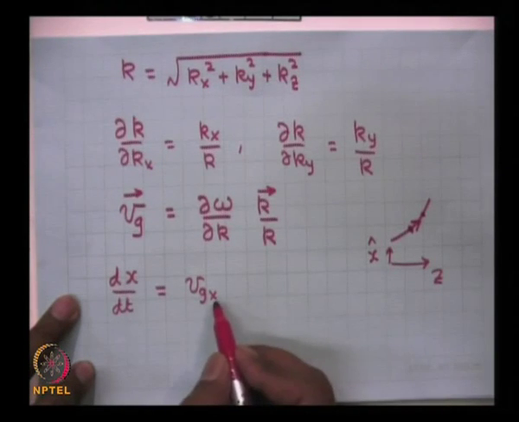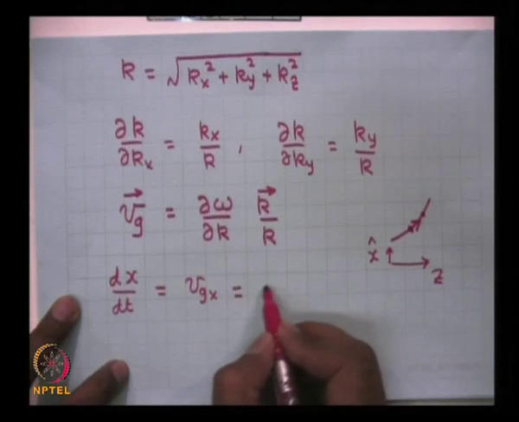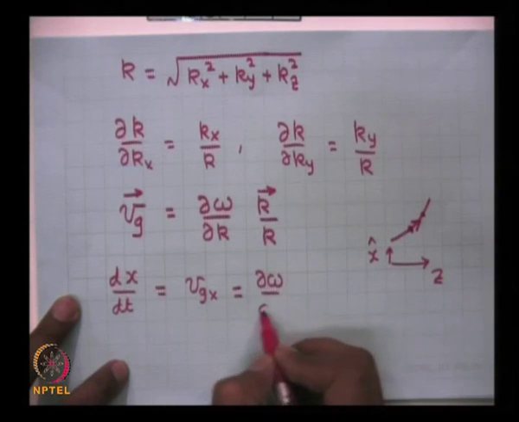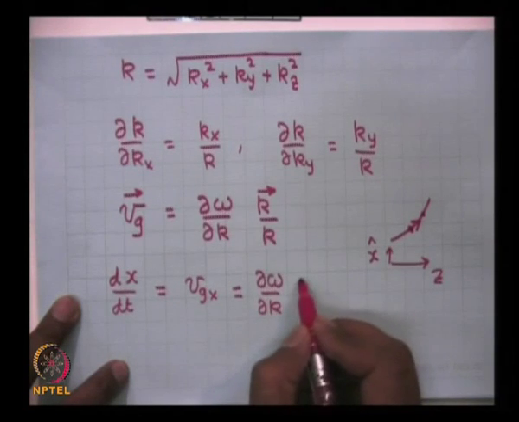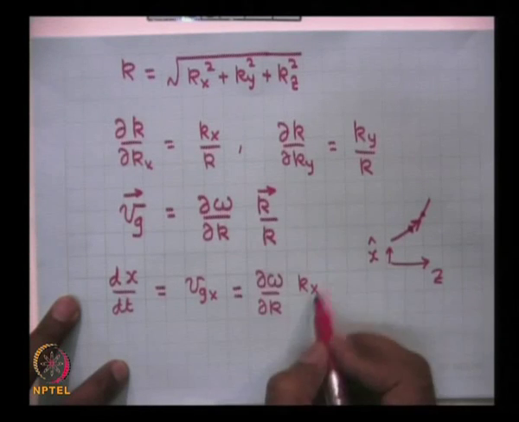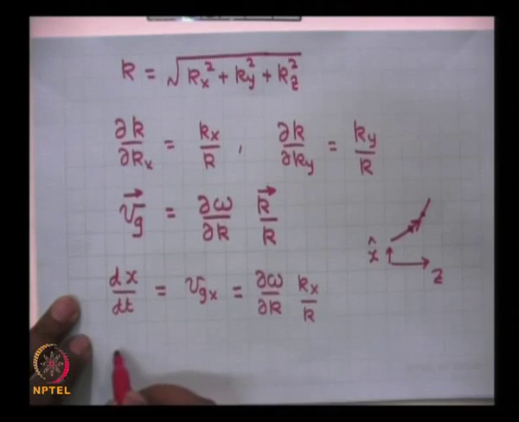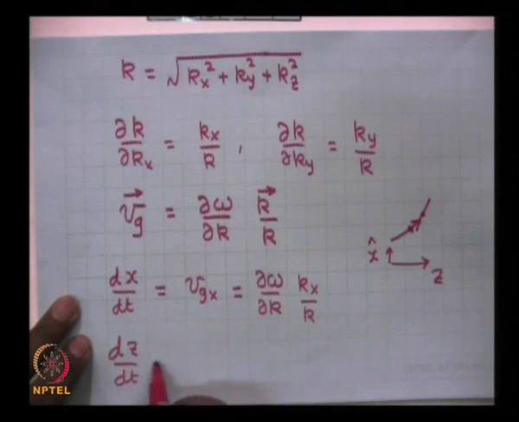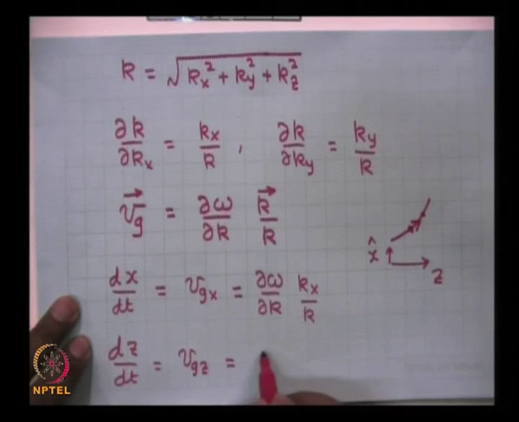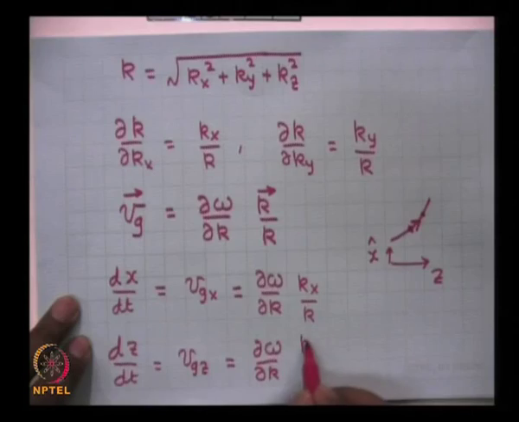The distance travelled by the ray in time dt will be dx. This will be proportional to velocity. Put this equal to delta omega by delta k into kx upon k, take x component, and similarly dz by dt is equal to Vgz, which is equal to delta omega by delta k into kz by k.